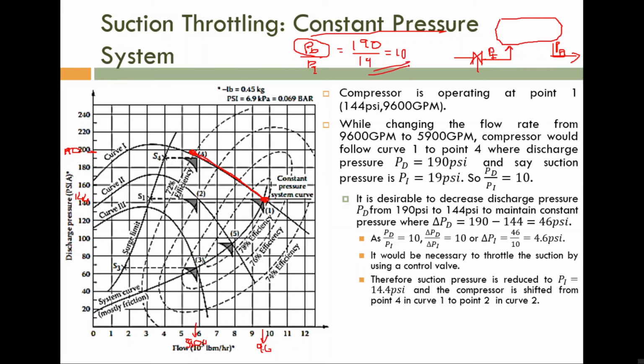Now what do we want to do? We want to decrease this compressor discharge pressure to 144 psi. What can we do?